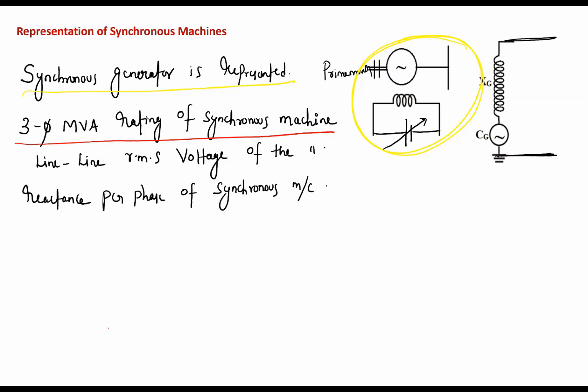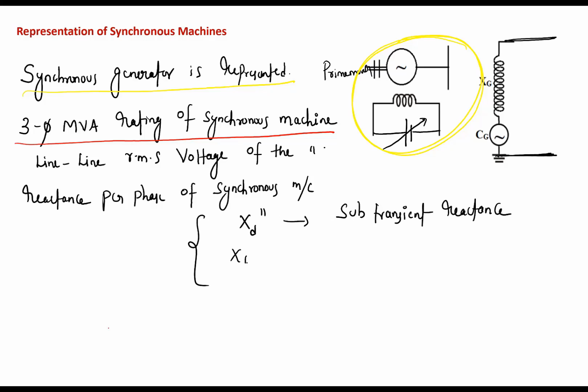For the time being, remember that a synchronous machine has three reactances. First, all the synchronous machines that we use in power system analysis are cylindrical rotor synchronous machines, which have only direct axis reactance. There are three different reactances. The first one is X_d double dash, which is the subtransient reactance.